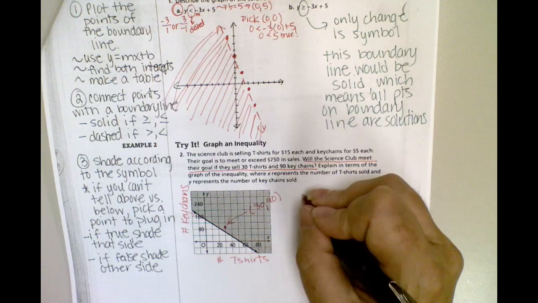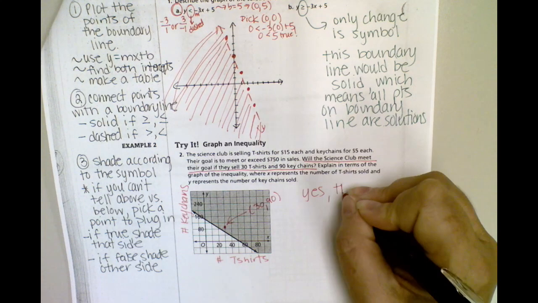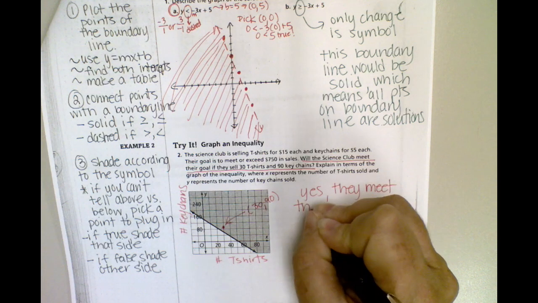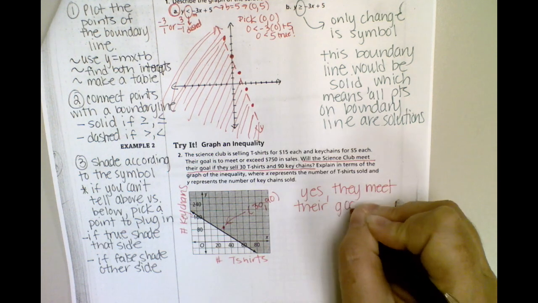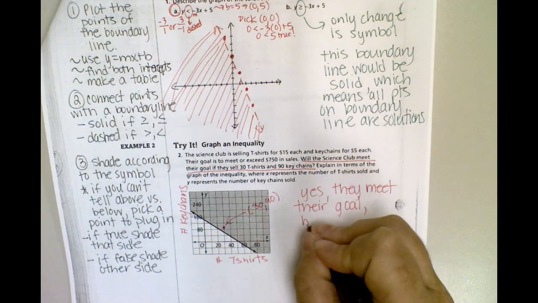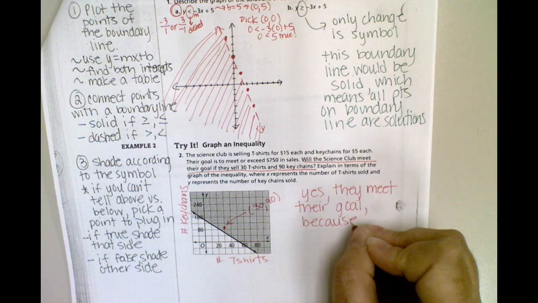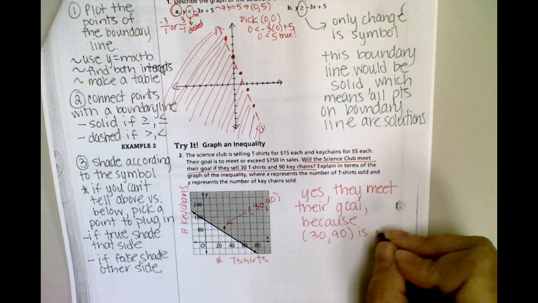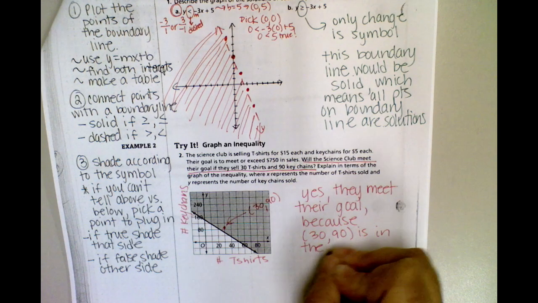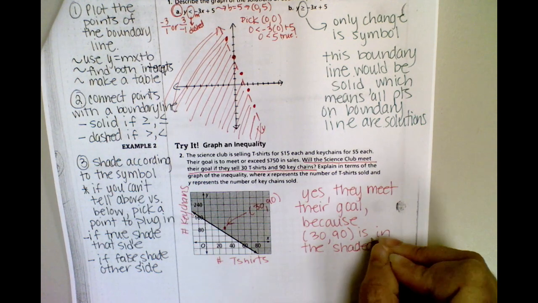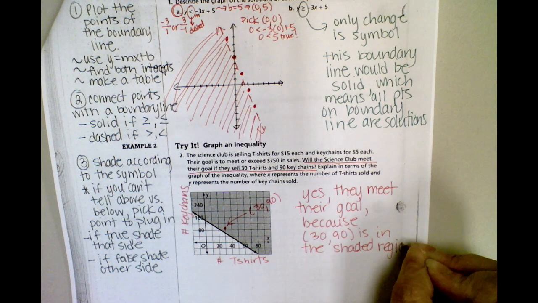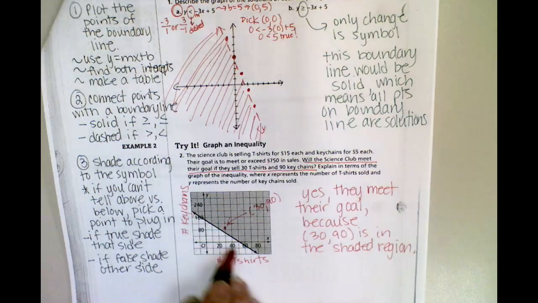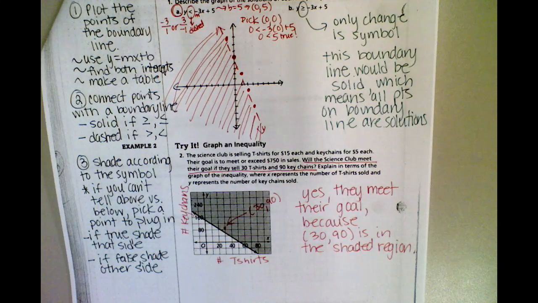And so, yes, they would meet their goal. For the explanation, we would say because (30, 90) is in the shaded region. Anything in the shaded region or on a solid boundary line is a solution.